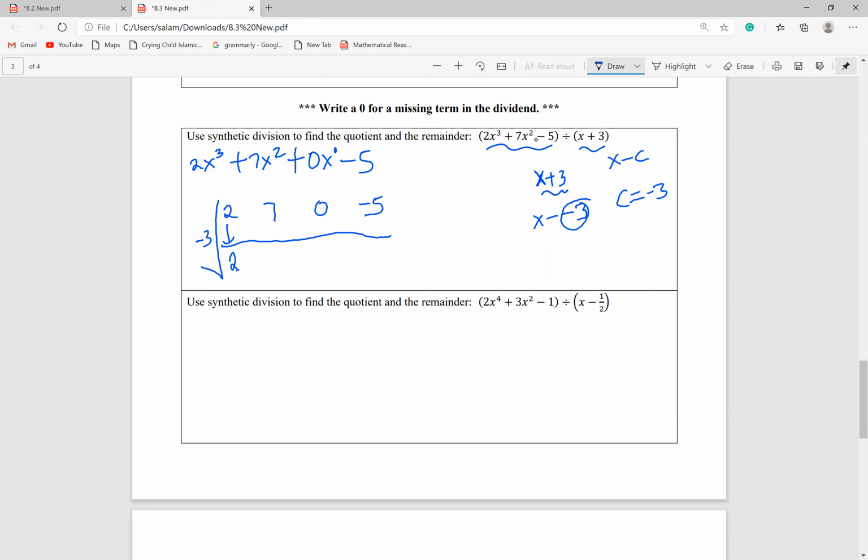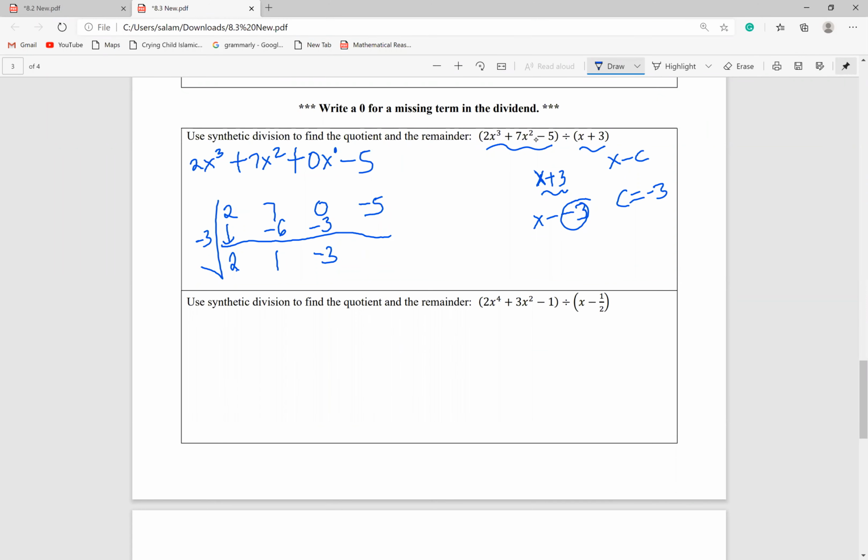So 2 times -3 gives us -6. Now add 7 minus 6, which gives us 1. Use this 1 to multiply c again, 1 times -3, and write it here, this is -3. Then add 0 minus 3, which gives us -3.